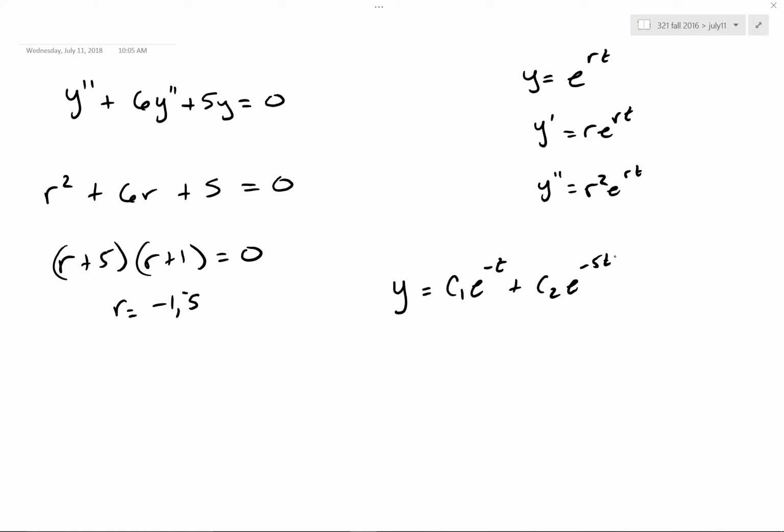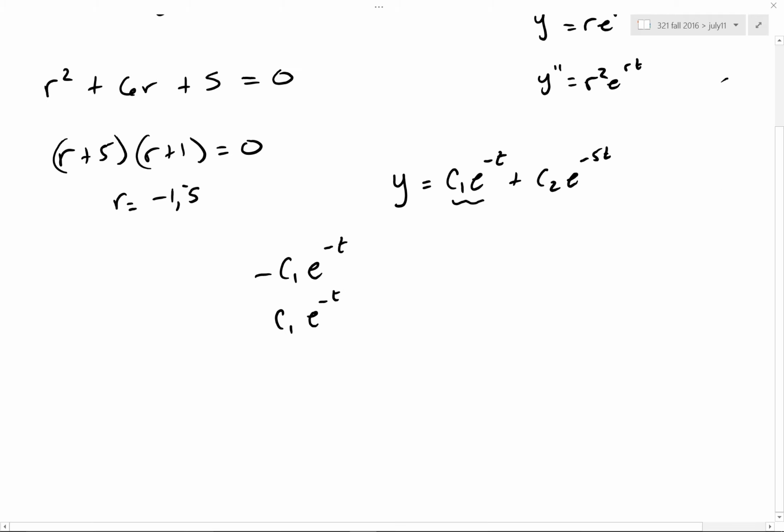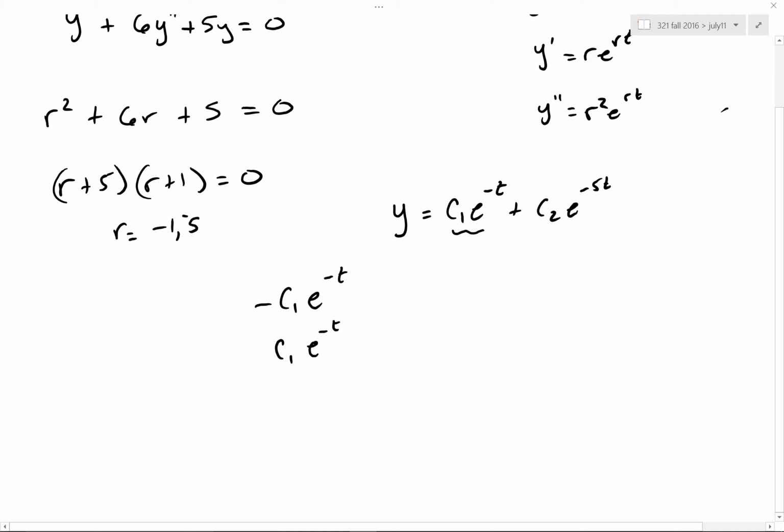Okay? So again, let's just run through that real quick. If you took this C1 piece right here, and you took the derivative of it, what would you get? Well, you would get negative C1 e to the negative t. And if you took the second derivative, you would get C1 e to the negative t. And so if you follow the recipe up here, the recipe says to take the second derivative, so C1 e to the negative t, plus 6 times the first derivative, plus 5 times the original function.